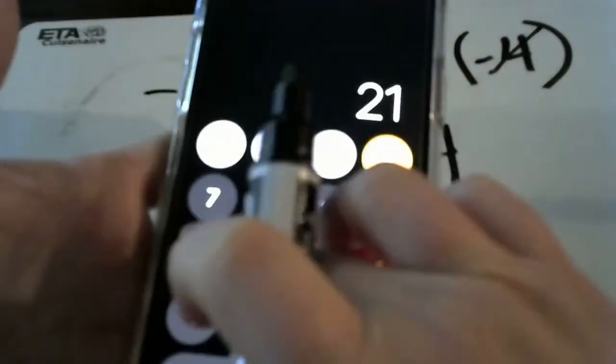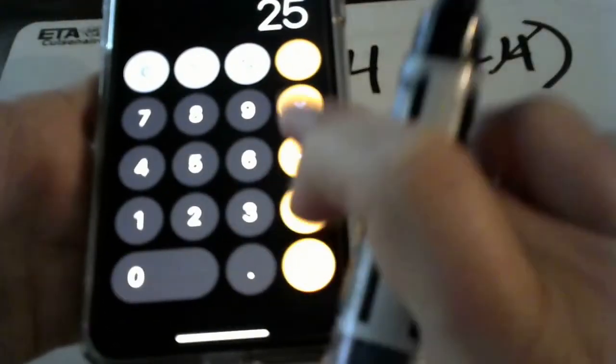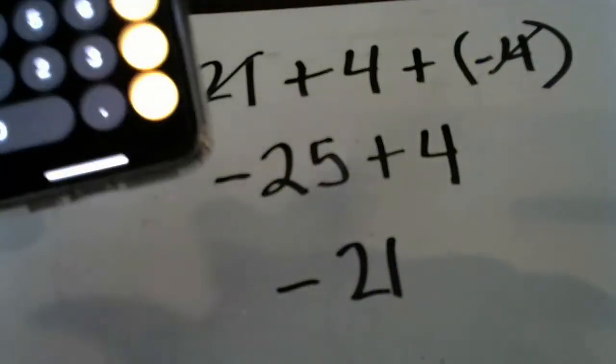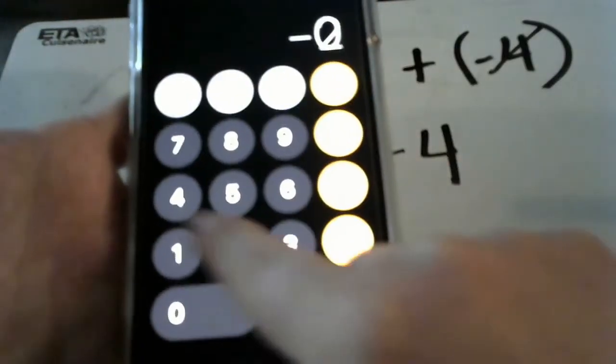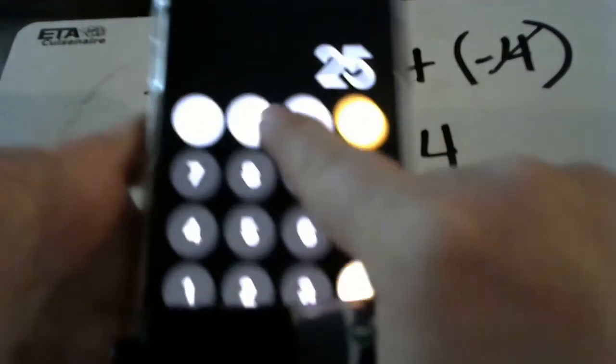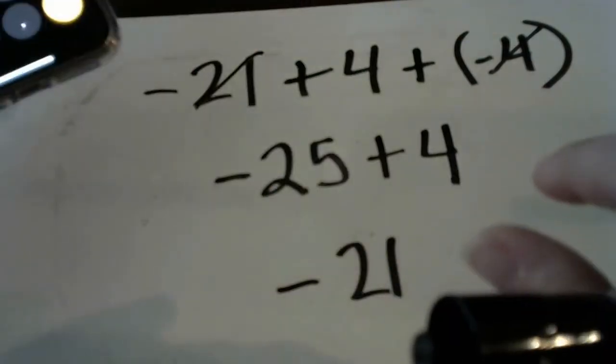Negative 21 plus positive 4 plus a negative 4. And we get, what? Hold on, I must have not done that right. Negative 21 plus a positive 4 plus a negative 4. What is going on?